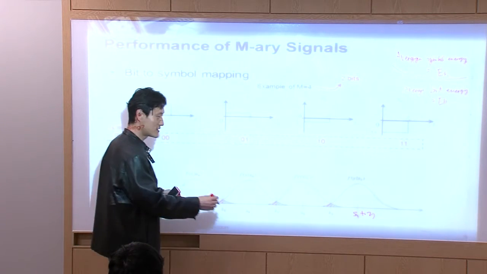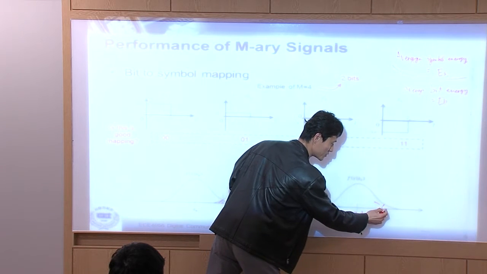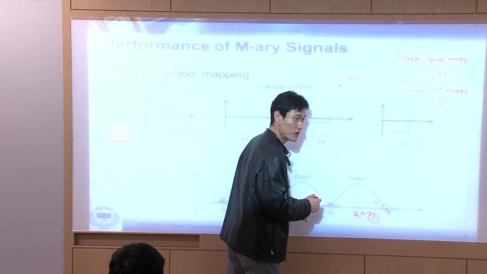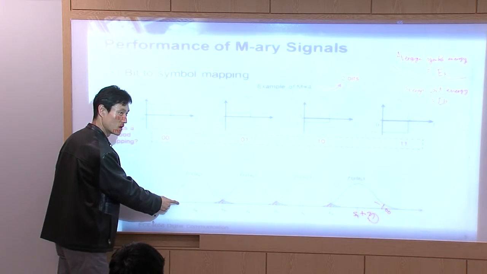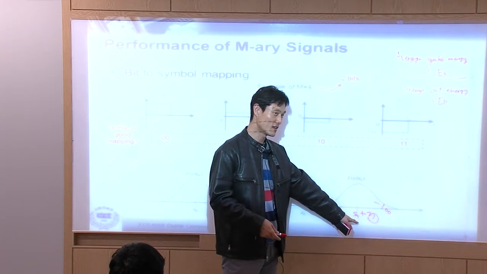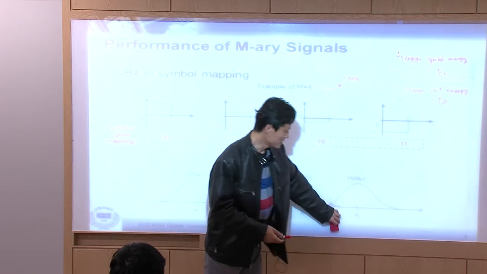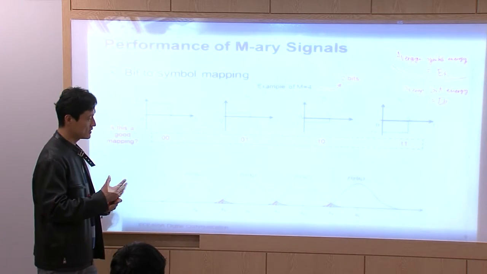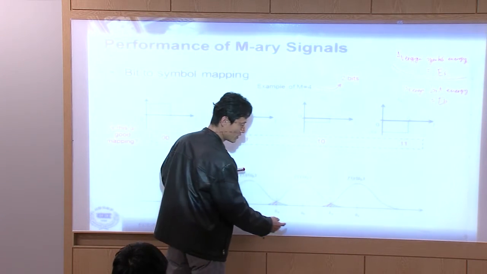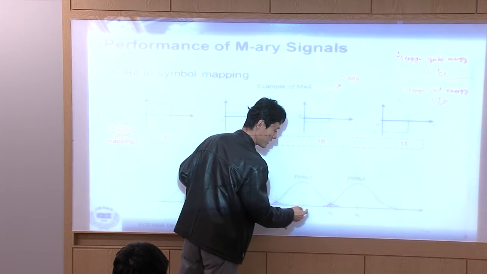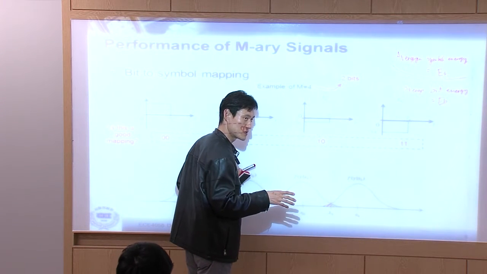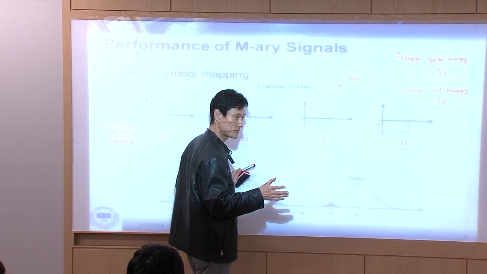Because S1 is transmitted and noise is added, and you receive S4, that means this noise is like a minus 100. Something like that, right? Only in that case you receive S4. But this is very, very unlikely, right? So most likely, from a probability point of view, when you transmit S1, S2 is the received symbol when you have an error.